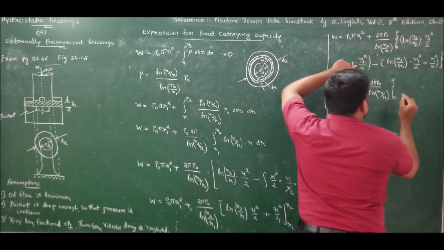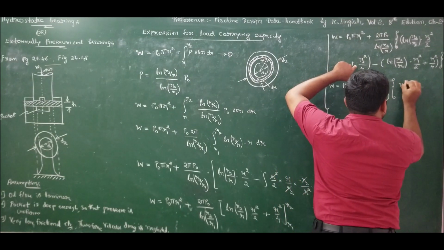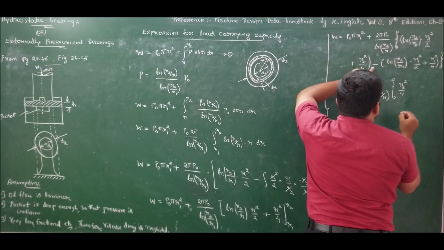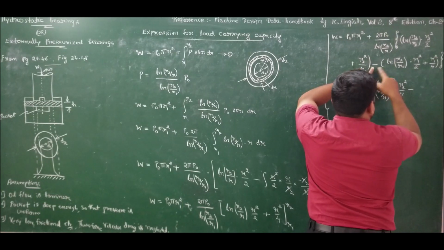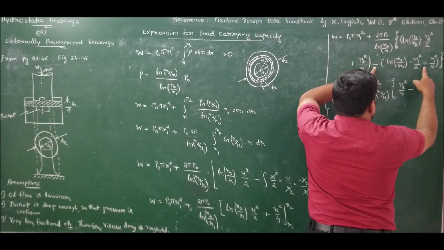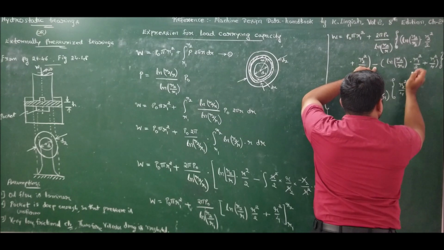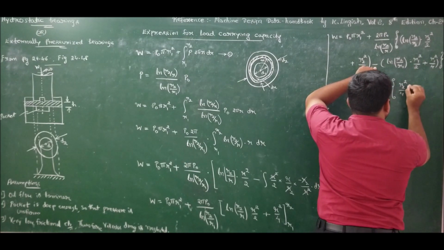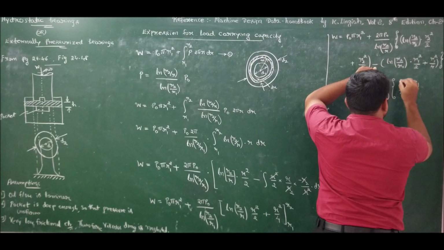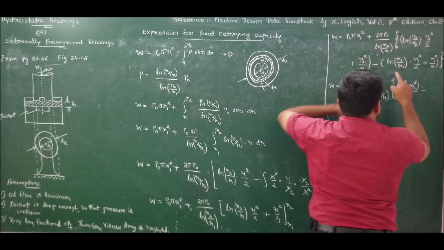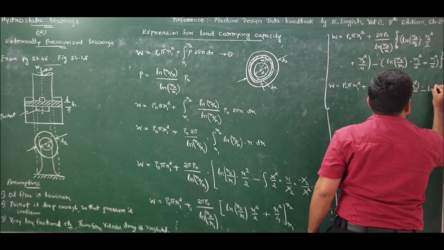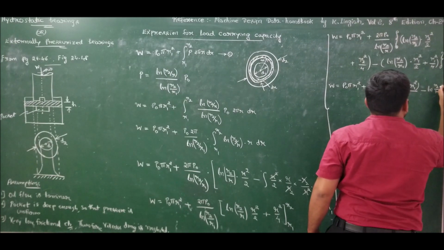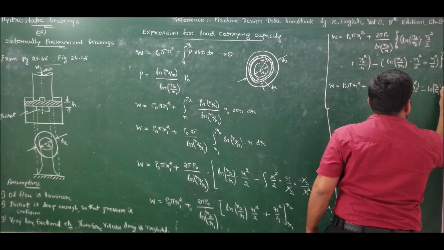Left with R2 square by 4, R2 square by 4 minus, plus into minus minus, I can take this as R2 square minus R1 square by 4, correct? R2 square minus R1 square by 4 and minus this term. This term is ln of R2 by R1 times R1 square by 2.